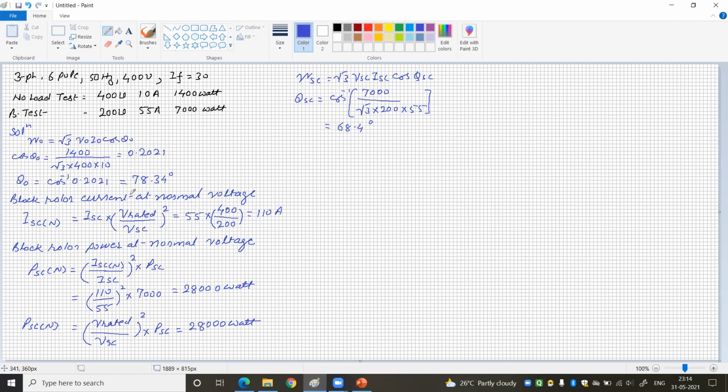So now these are the initial two values by which the circle diagram is going to be plotted.